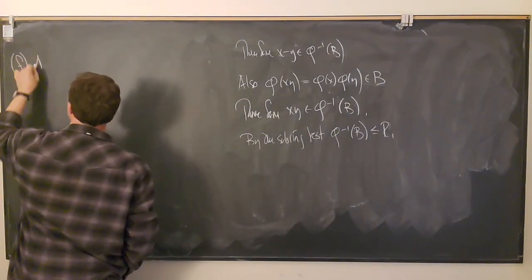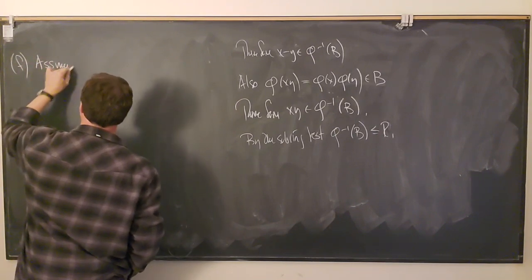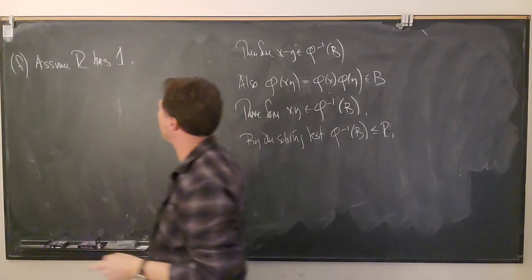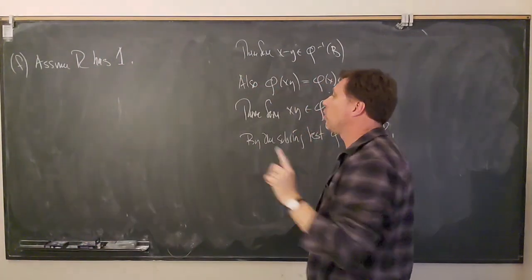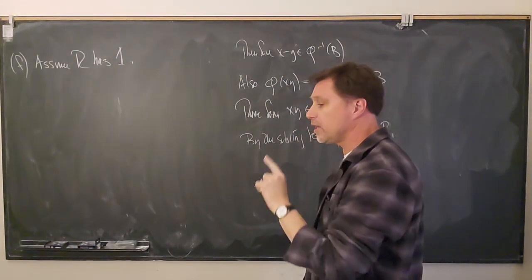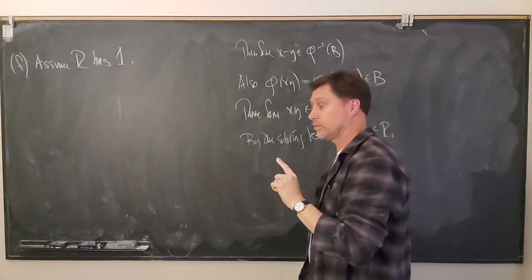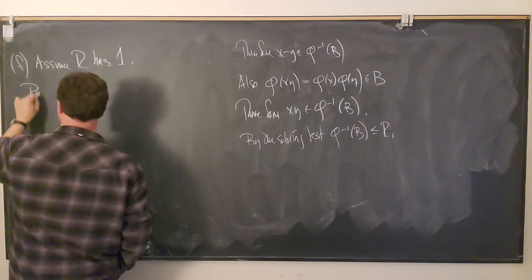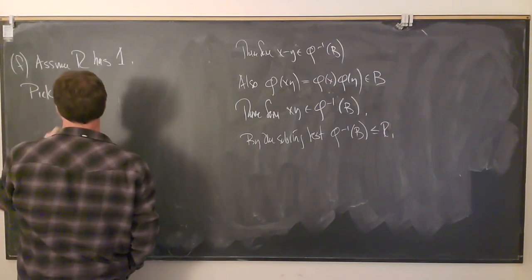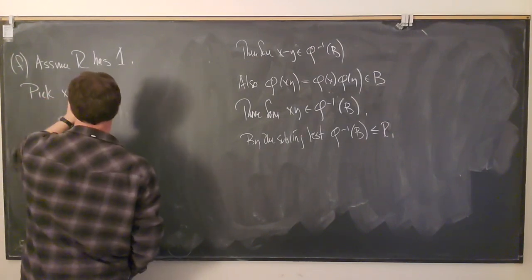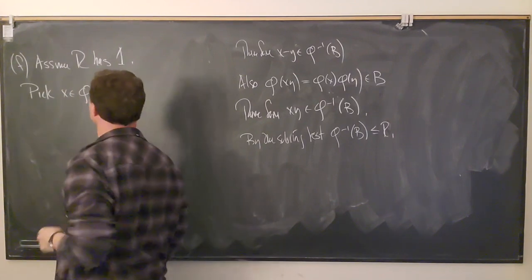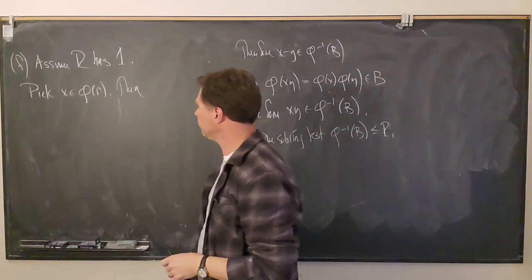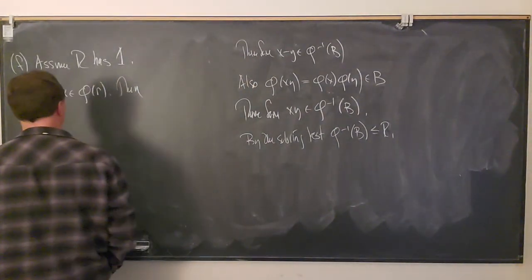So let's assume that R has unity, and then I want to show that phi of 1 is unity in phi of R. So pick, let's say, x in phi of R. So what does that mean?